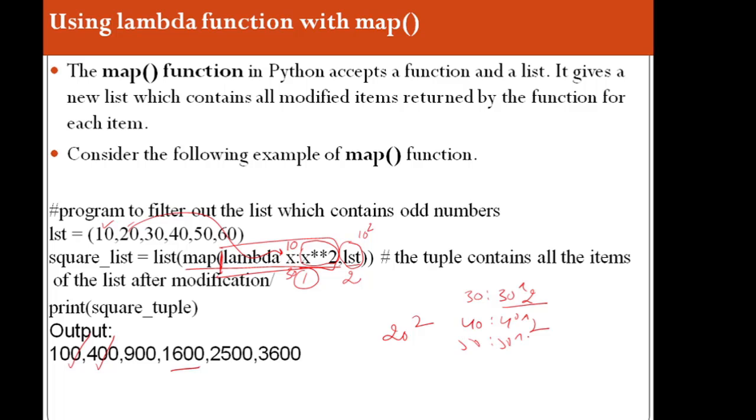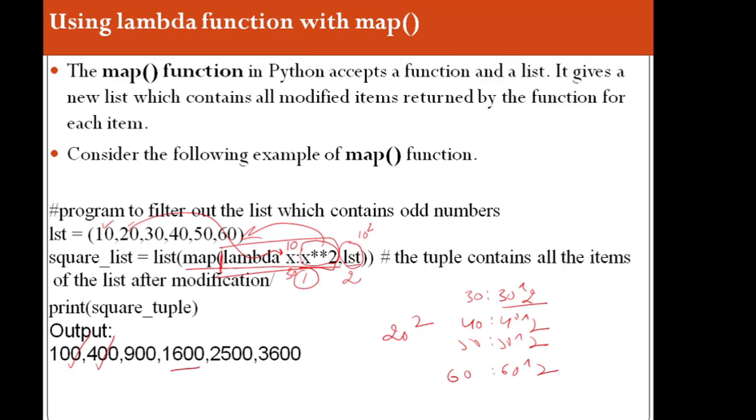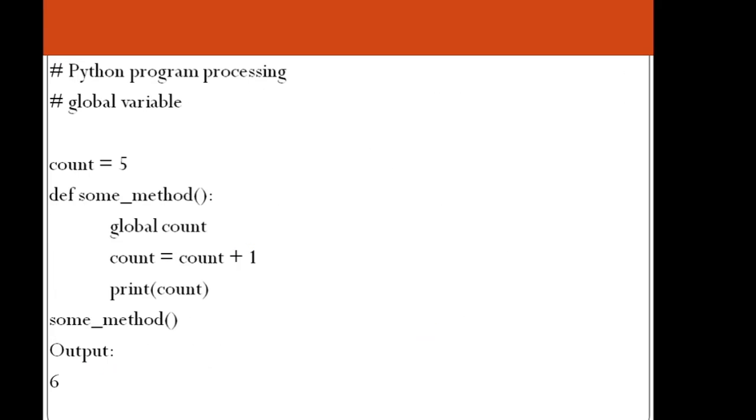Then 50 to the power of 2, then 60 to the power of 2. So it is doing some processing or modifying the elements of the list, whatever way you have mentioned. So this is mapping. The result contains all the items of the list after modification. Whereas filtering removes items, here after modification it includes each and every item of the list.